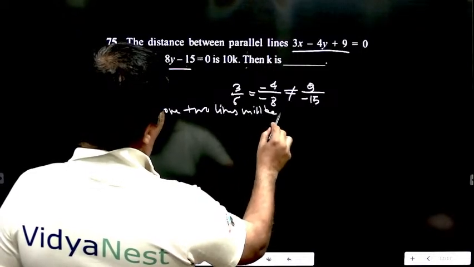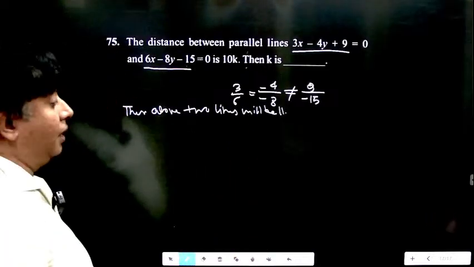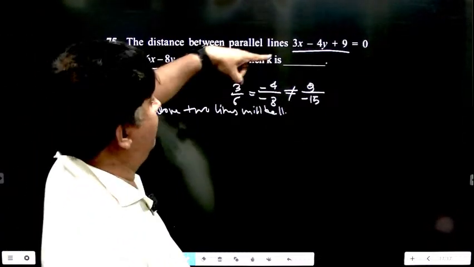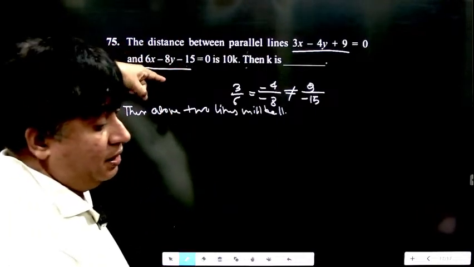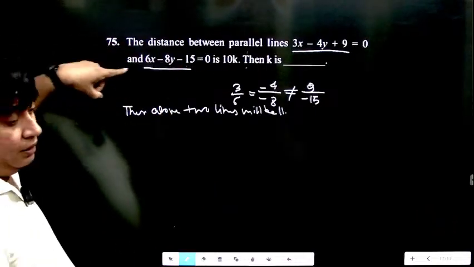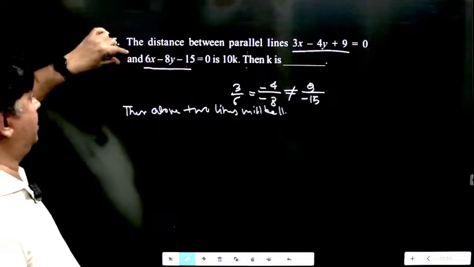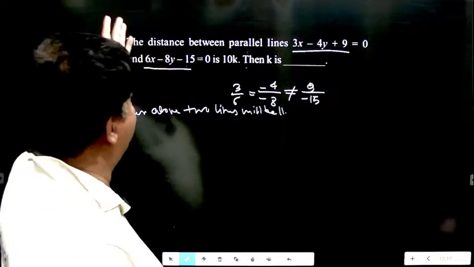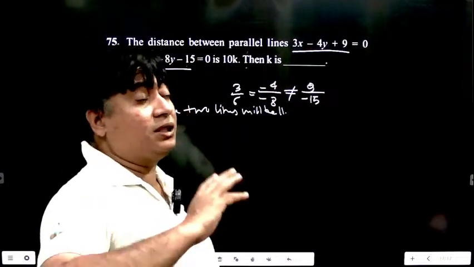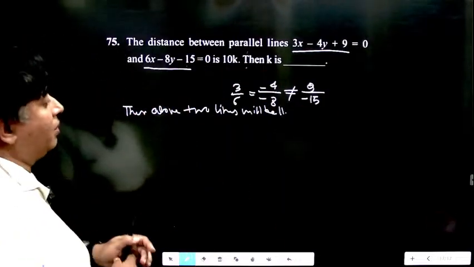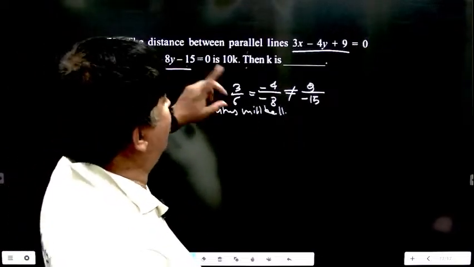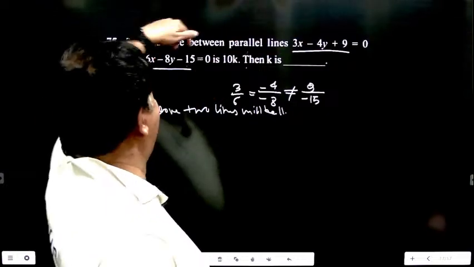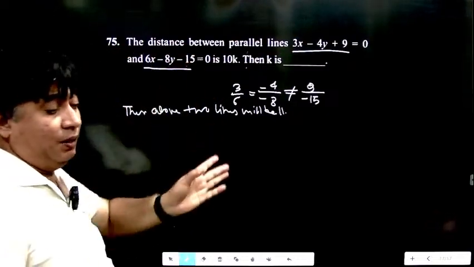Now, in case of finding distance, if you keep the second equation unchanged, then you cannot use that distance formula directly, because in the distance formula, the two parallel lines' coefficients must be the same, ax plus by plus c, ax plus by plus c1.